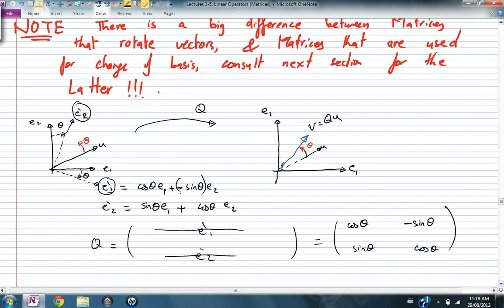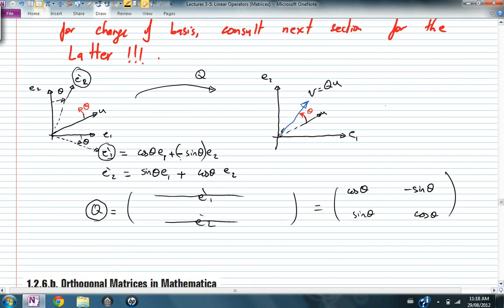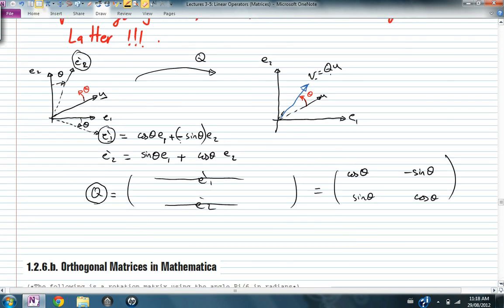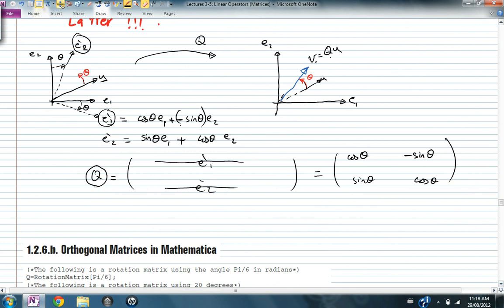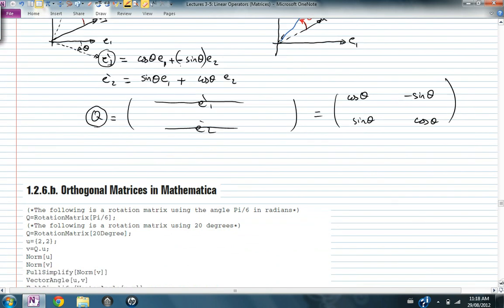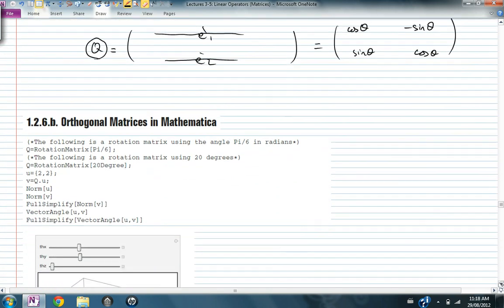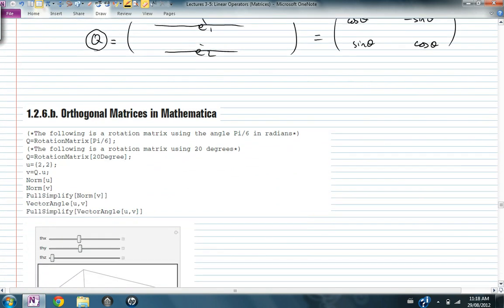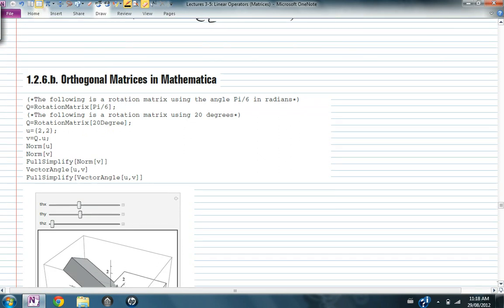From this relationship, you form your matrix Q, and now any vector v is equal to the original vector u multiplied by Q. And in another lecture, I will be explaining how to do all this in Mathematica.